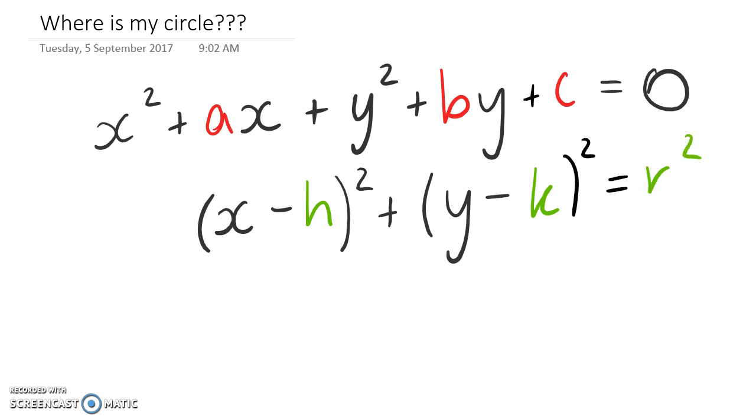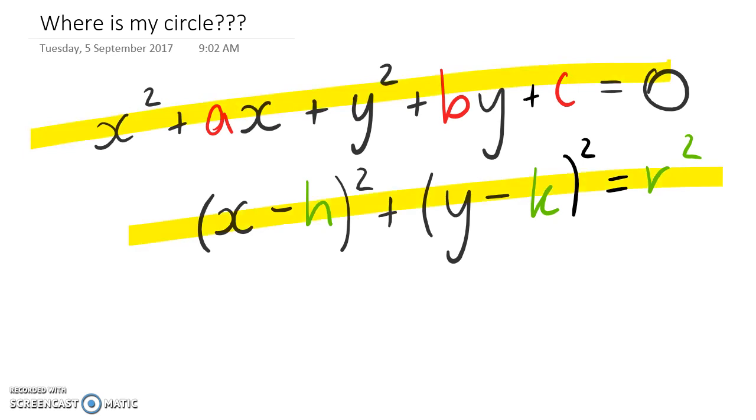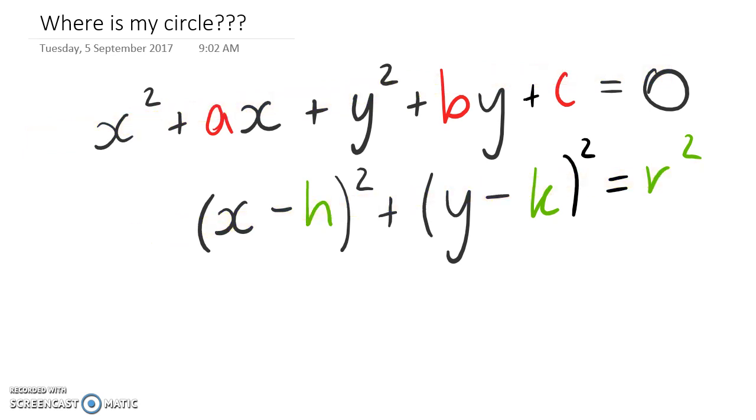So when we transform our circle to look like this, we've got these two equations. The one at the top here is the same as the one there. It equals the same thing, so it's equivalent, but we've just put it into a nicer form so that we can work out where our circle is.